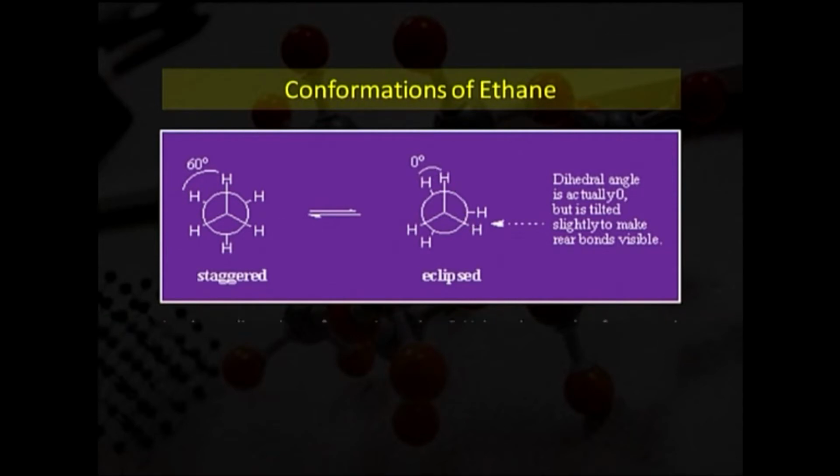In the staggered conformation, the carbon-hydrogen bonds on the rear carbon lie between those on the front carbon with a dihedral angle of 60 degrees. These are the front hydrogen atoms joined by a carbon atom, and these are the back side hydrogens joined by the other carbon atom, with a 60 degree angle between frontal and rear hydrogen atoms.